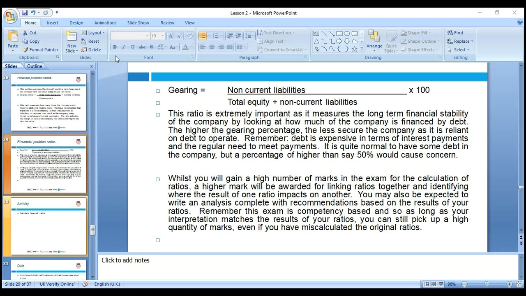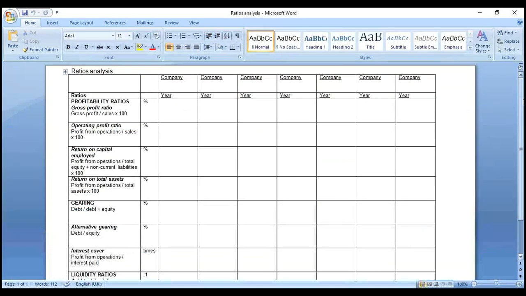Gearing means, if you drive in a high gear, what are the chances? That means you are investing more. So when we drive in a high gear, there is a risk of accident. Yes, we need to make sure of the balance between debt and equity. So formulas, I'll send you this sheet.